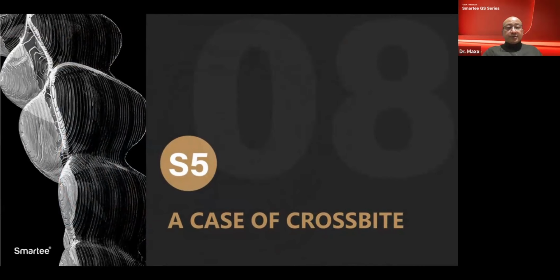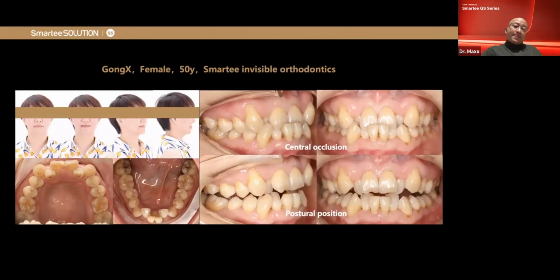So I will show you a case of crossbite. This is a female in her 50s, treated with Smartee invisible orthodontics. It's quite a complicated case. If we take a first look at the front teeth, there is crowding and crossbite.